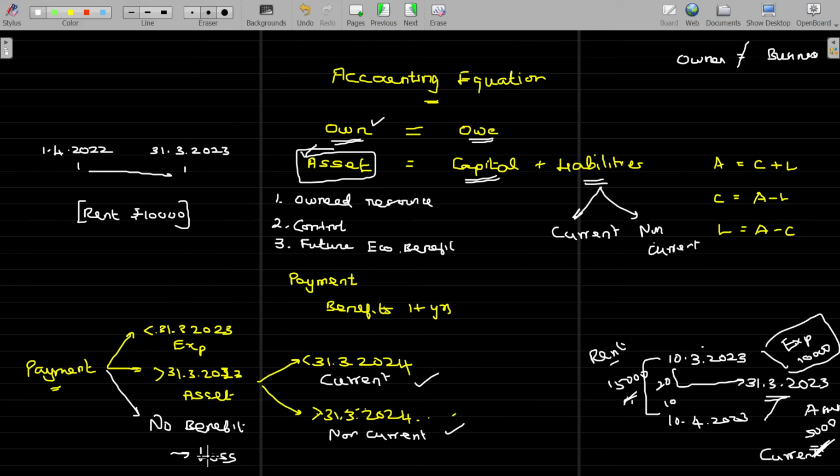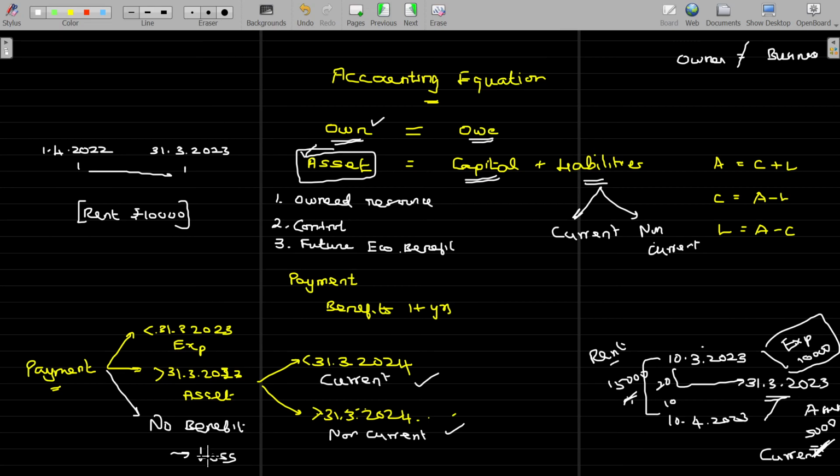I paid but I didn't get any benefit out of it, then it's called loss. Payment gives me no benefit, loss. Payment gives benefit enjoyable within the end of the financial year, expenses. Payment gives me benefit beyond 31st March, the end of the financial year, but within 12 months, then it's called asset but current. Payment gives me benefit beyond 31st March and for more than another 12 months, then it is called non-current asset.